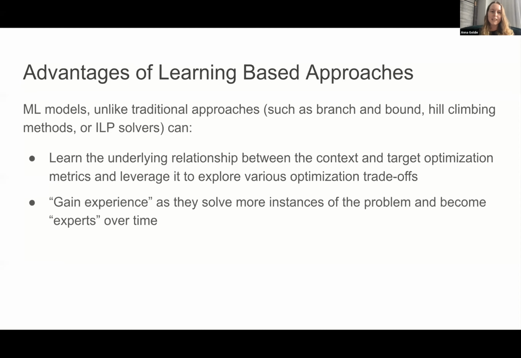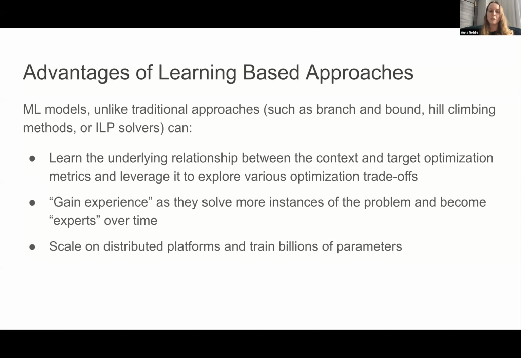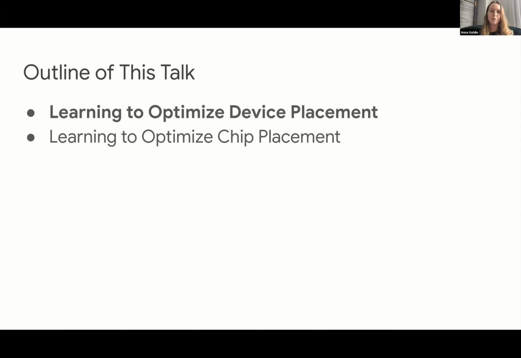And these models can gain experience as they solve more instances of the problem, and they can become basically experts over time. They can potentially solve far more instances of a given problem than any human would ever experience in their lifetime. And also, you can scale these models on distributed platforms. You can scale them arbitrarily to have an arbitrarily large number of parameters.